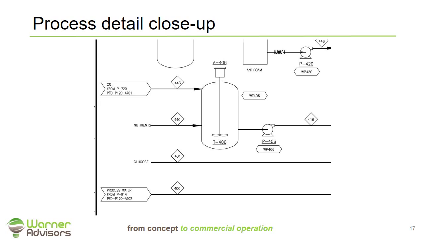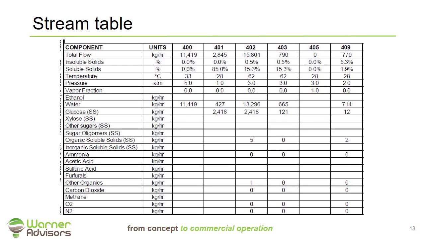Now if we move on to the process table, you will see that stream 401 ties to component 401 on the stream table that represents the stream on the drawing. This gives a total flow, the insoluble solids, soluble solids, temperature, pressure, vapor fraction, water, and individual components.